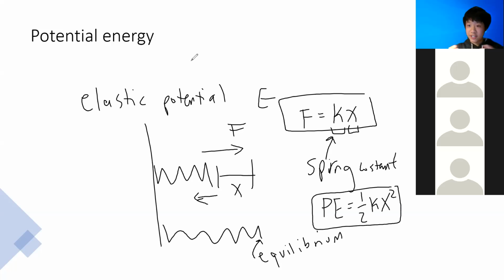So once again, if the spring is stiffer, it's going to have more potential energy. And if you compress it more or stretch it more, it's going to have more potential energy as well. Okay? So both of these equations apply to both compressions and stretches. So it doesn't matter if it's being compressed or stretched. Both of these equations will be applied.